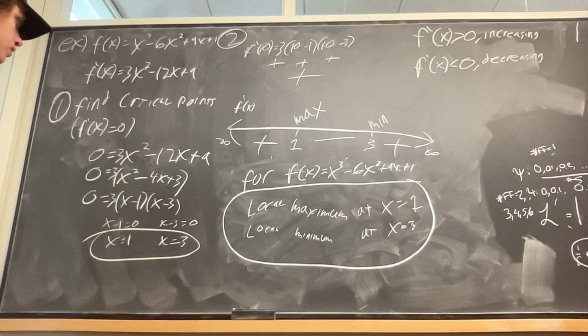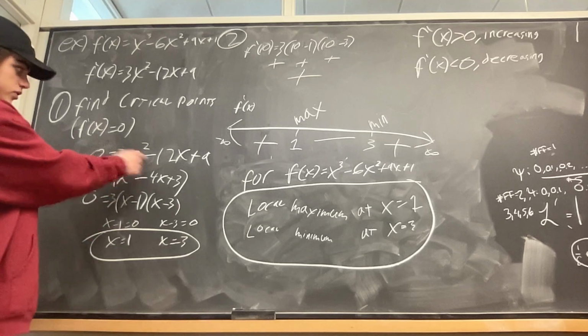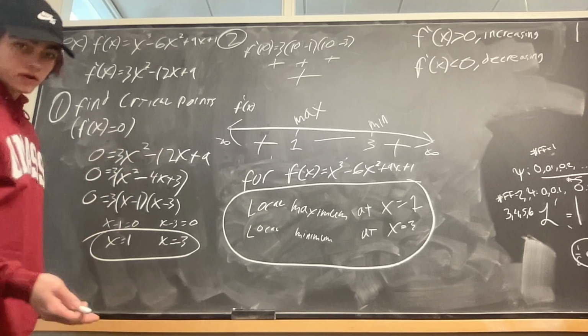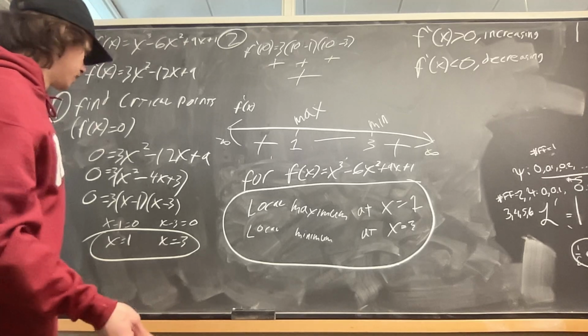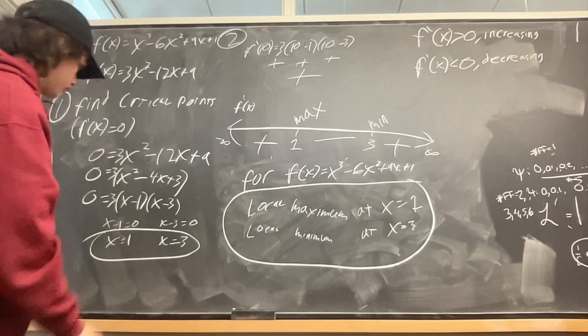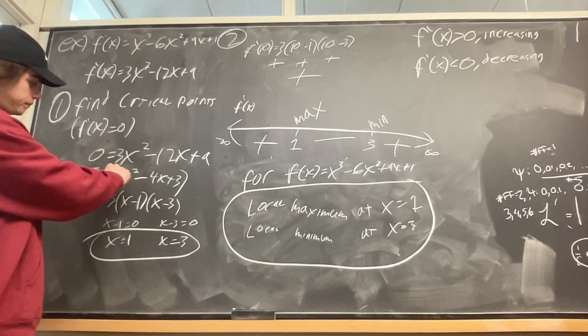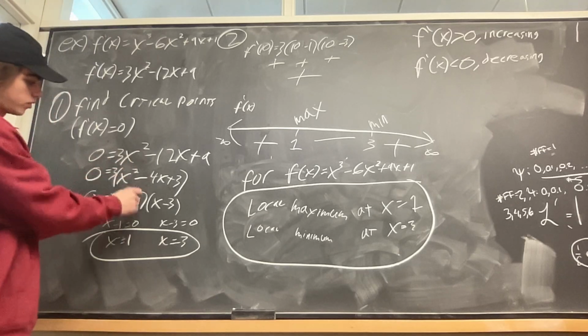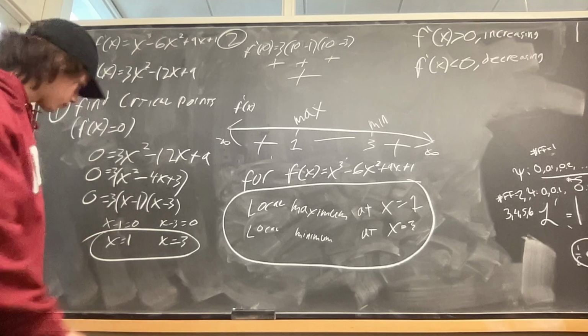We can do this by factoring. We start out by pulling out the 3 just to make it easier for ourselves. You don't have to if you don't want to, but in this case, it just makes it easier and it still works out. So we have 0 equals 3 times x squared minus 4x plus 3.